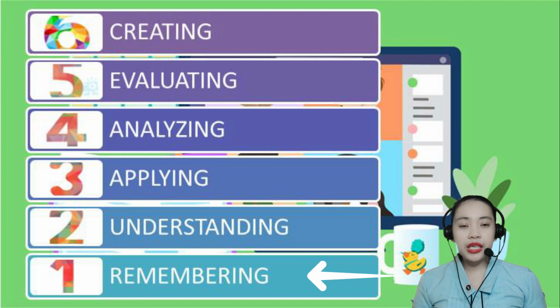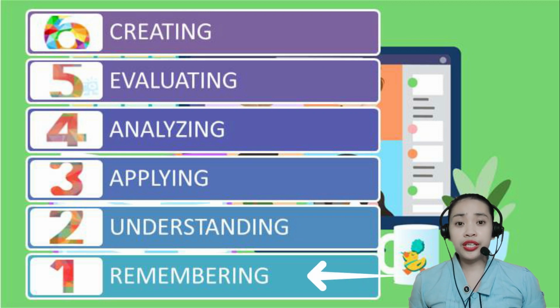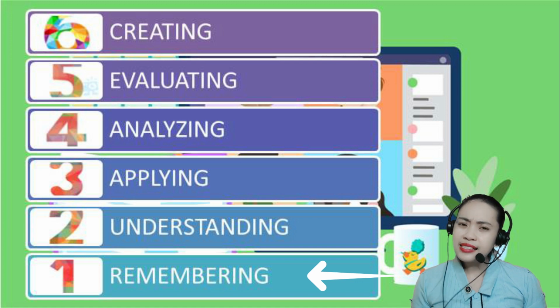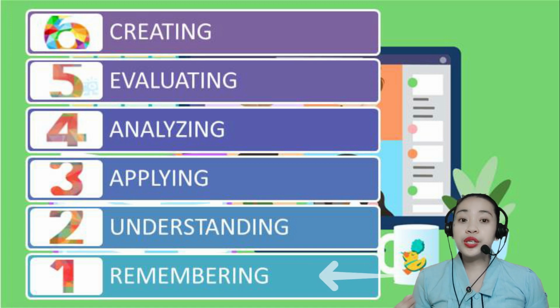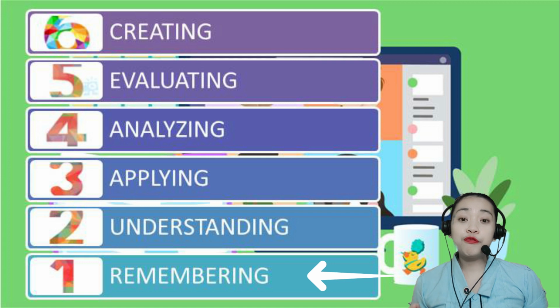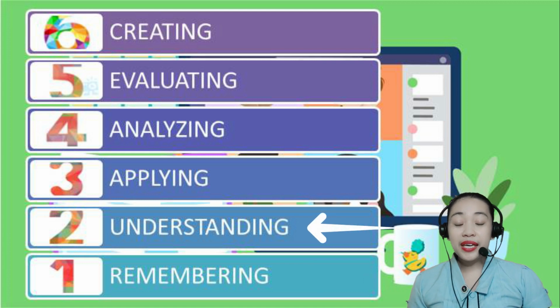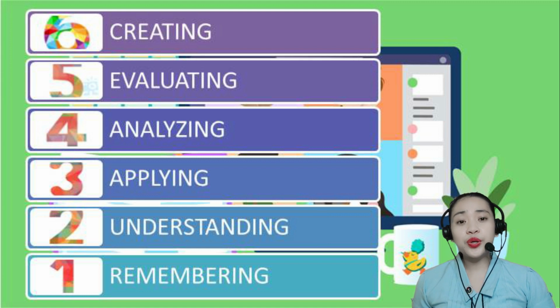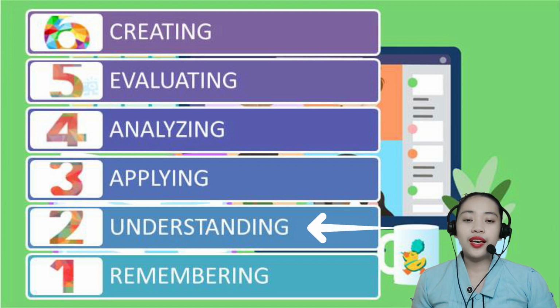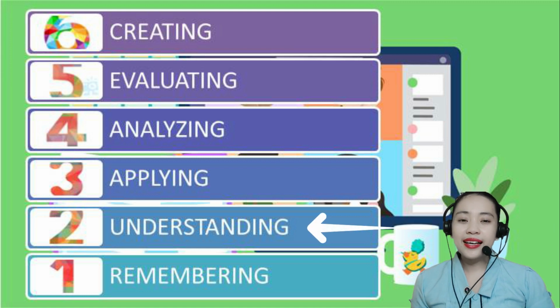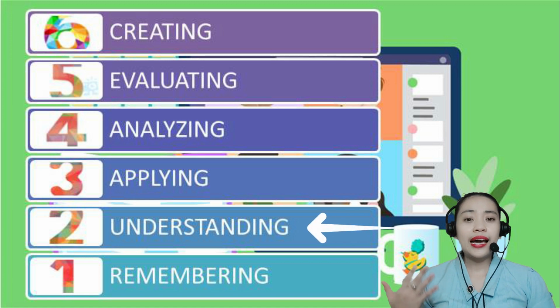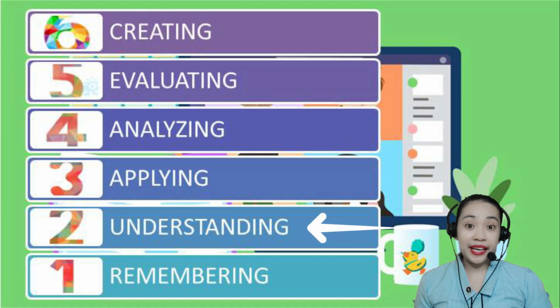Remembering means recalling information, recognizing, listing, describing, retrieving, naming, and finding. Second level is understanding. It means explaining ideas or concepts that includes interpreting, summarizing, paraphrasing, classifying, and explaining.